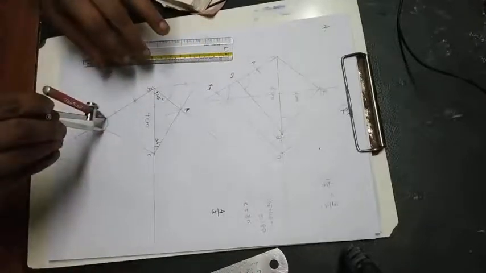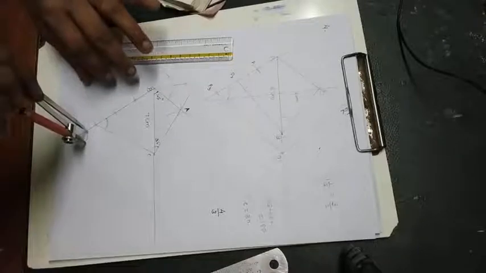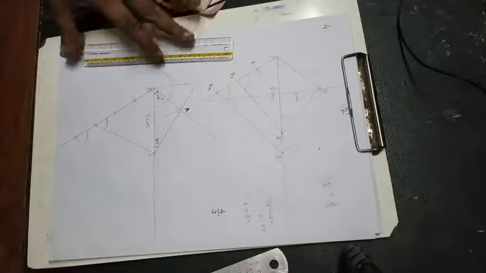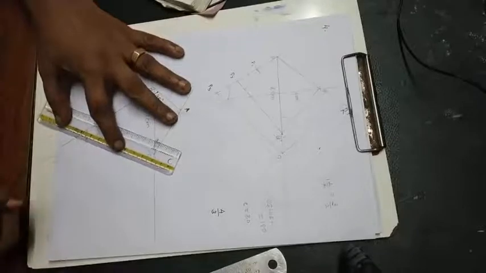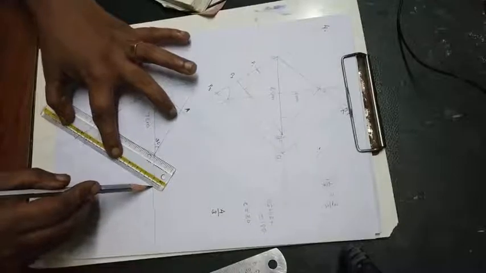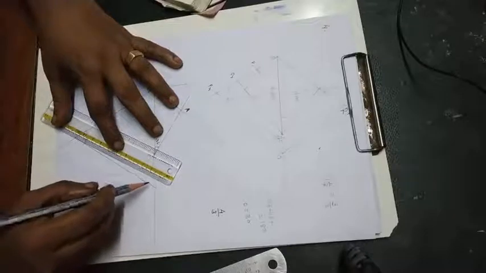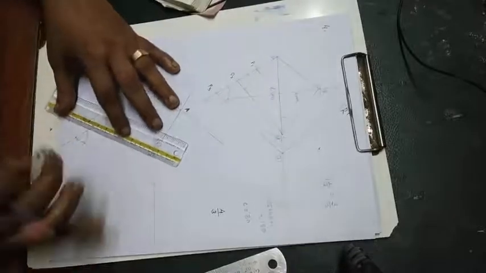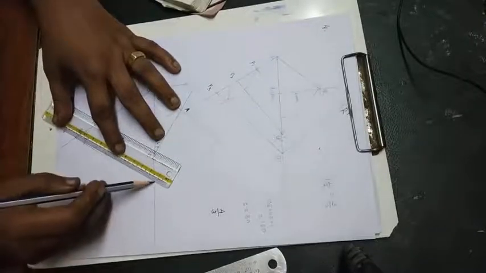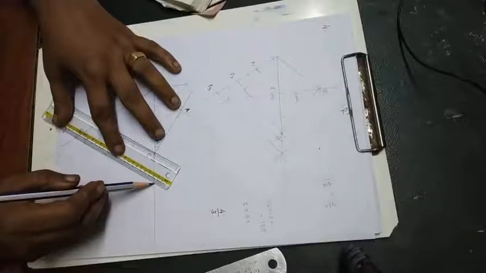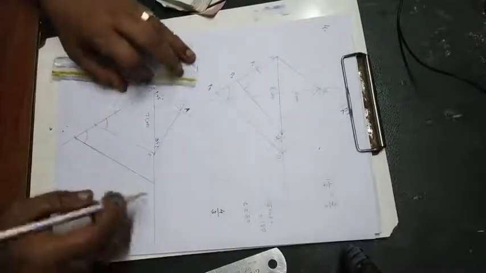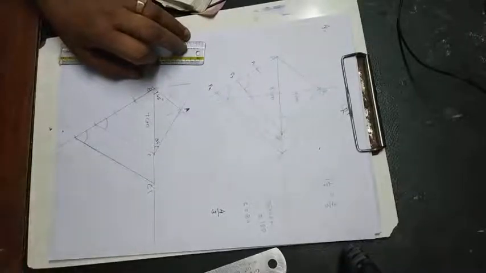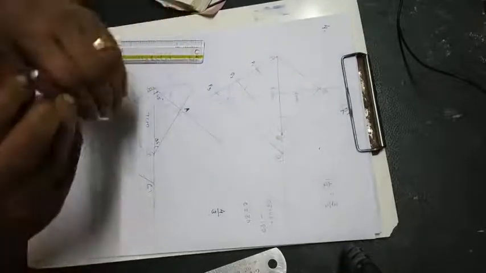Same angle you have to construct here also. So join that to the extended part. So that is C dash. Now 30 degree angle here also you have to construct.